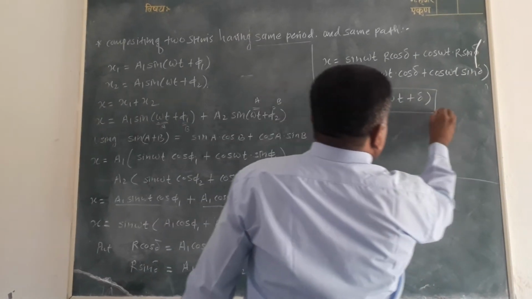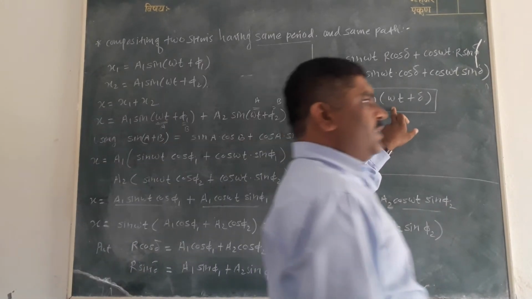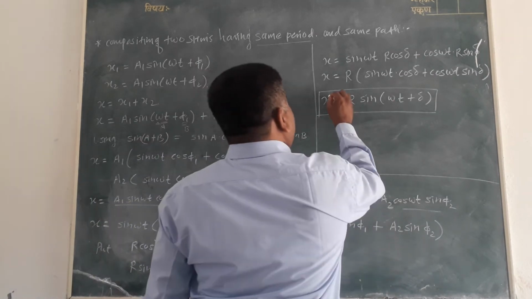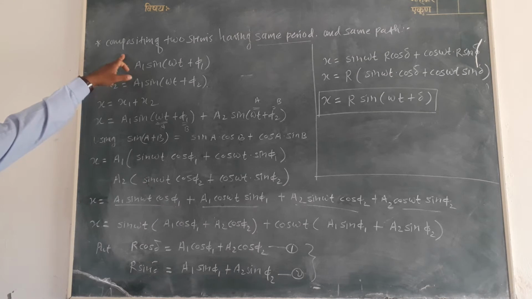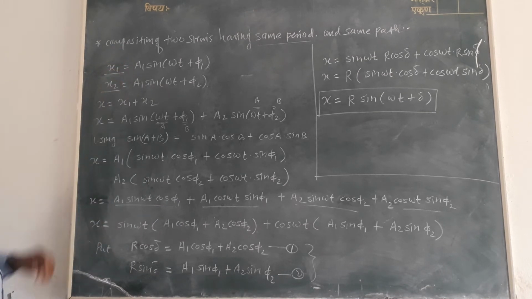This equation, that is x is equal to r sin into bracket omega t plus delta, is called the resultant equation of two SHM, that is first x1, second x2.